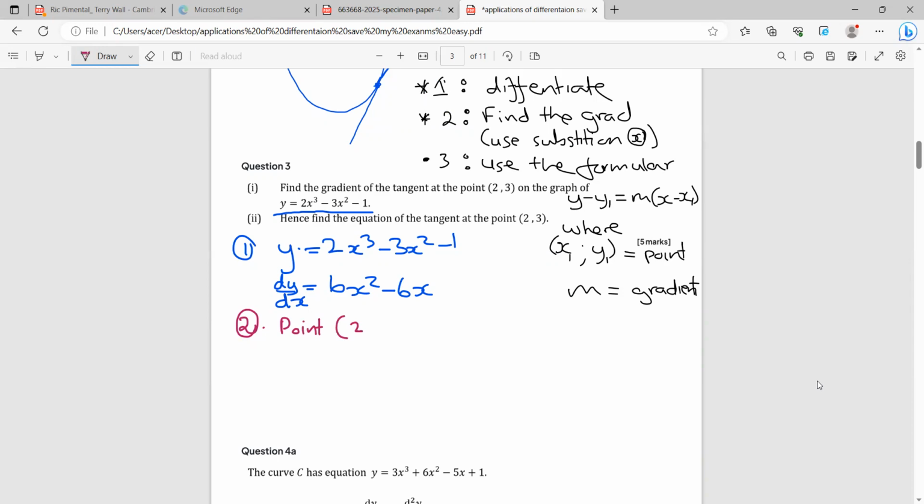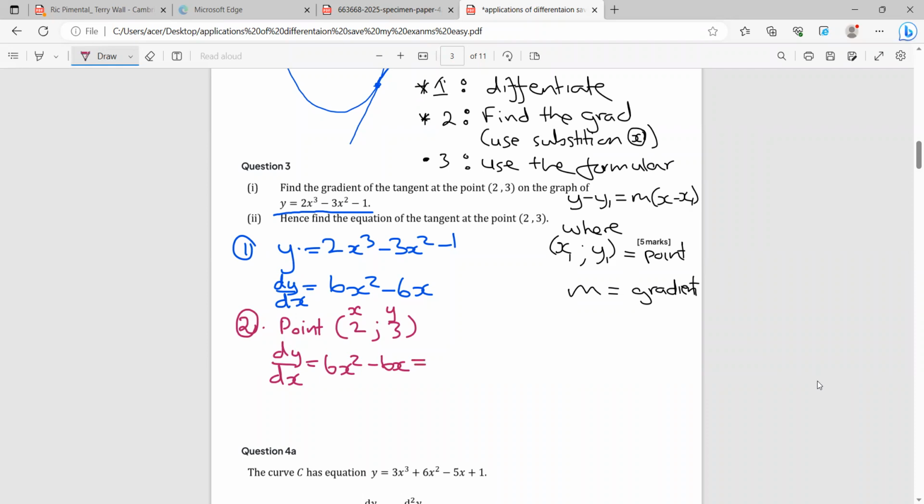The point is (2, 3), which means that this is our x and this is our y. We're going to substitute the x value of the point into our dy/dx function. So I'll write dy/dx again. dy/dx is 6x squared minus 6x.